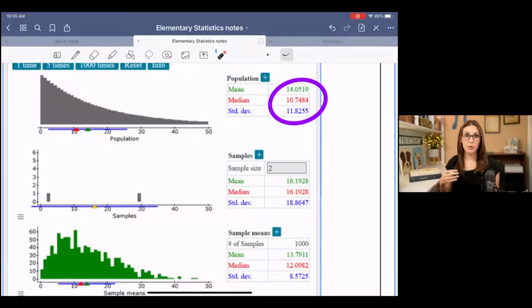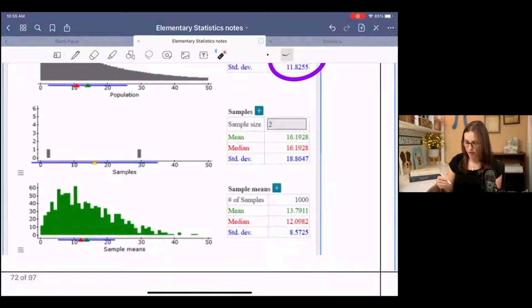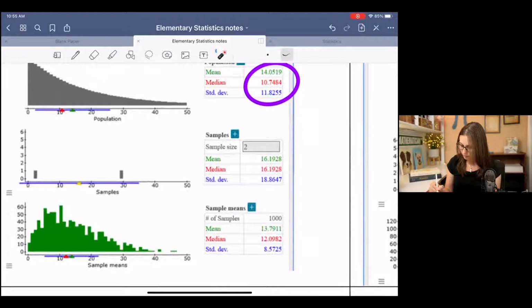So 1,000 samples of size 2 from the original distribution, and what I end up with is this new distribution, the sampling distribution. Now you'll notice in the sampling distribution that it's still slightly right skewed. The mean is close but not exact, and then the standard deviation is an adjusted standard deviation.